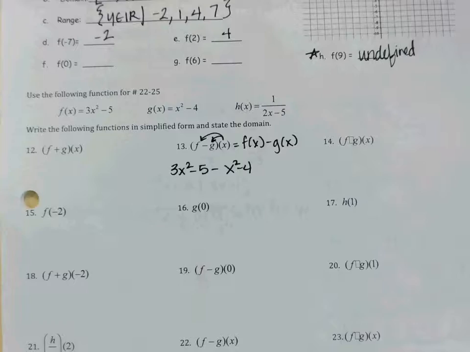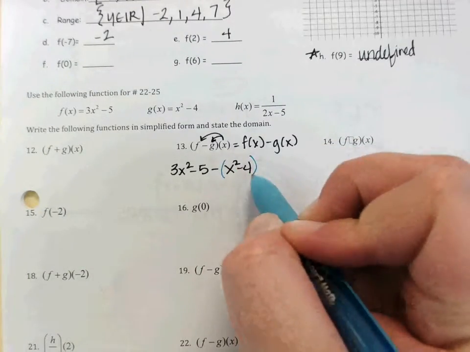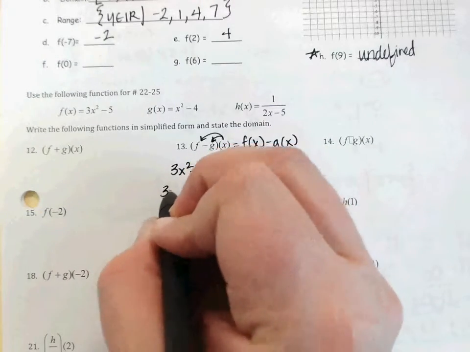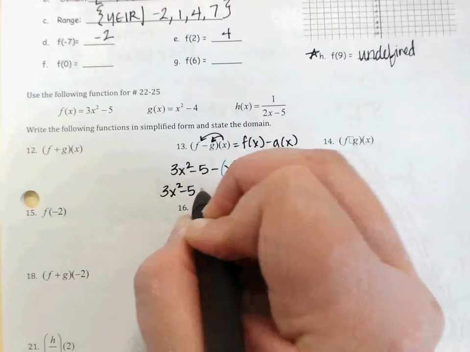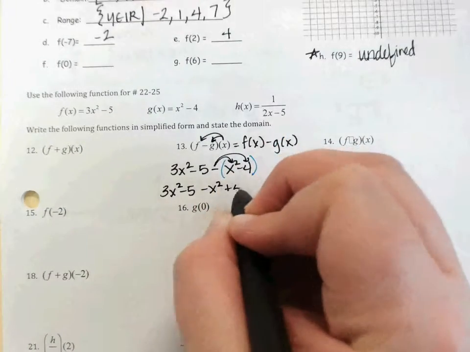Do you remember what you have to use for a minus? Parentheses. The reason that matters with a minus is that if I'm minusing x squared and minusing -4, that negative 4 switches to a plus. So I'd have 3x squared minus 5 minus x squared, but then a plus 4, and then combine like terms.